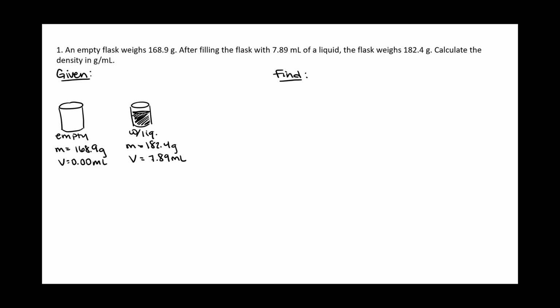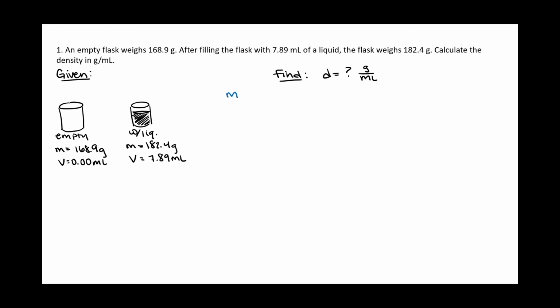But here we're going to find our density. We want to know what it is in units of grams per milliliter. So we're off to a good start. Everything has the same units. The way that we can find this, I'm going to switch colors. If we find the mass of the liquid, because right now we have mass of flask plus liquid, I'm going to abbreviate that.